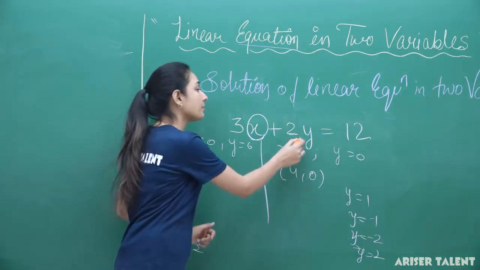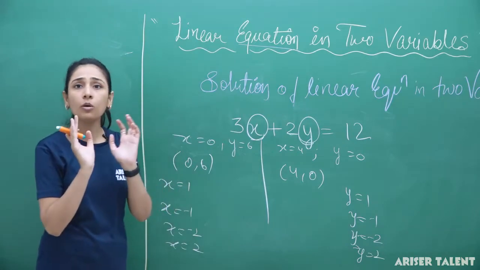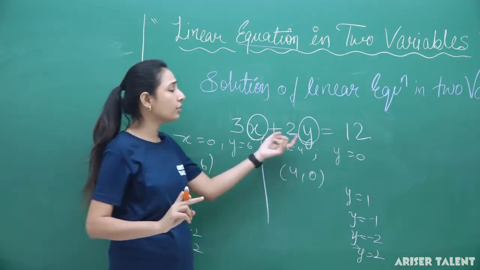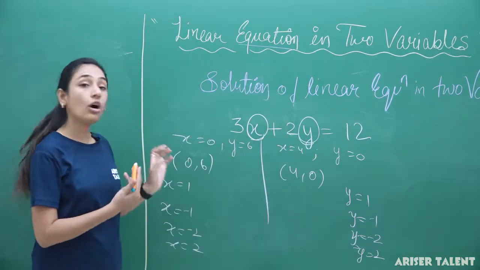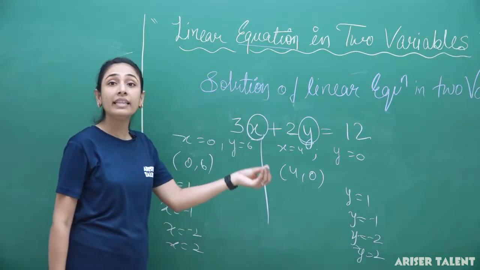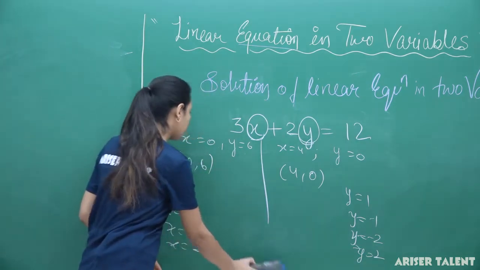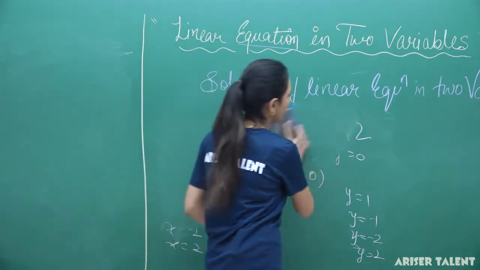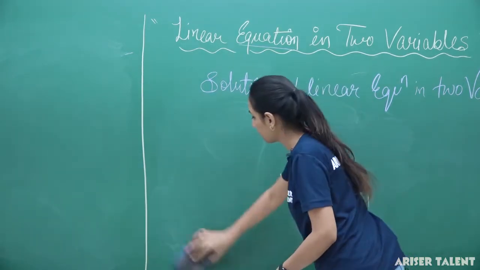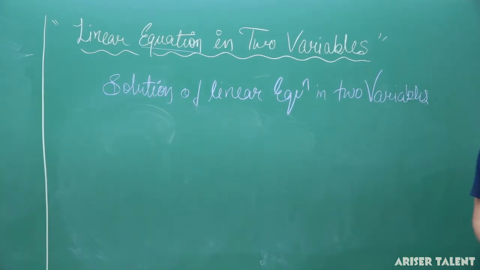Similarly, you are going to put some values of y and get some values of x. So there will be a combination of two values for which this equation will be true, and this is what we call the solution of the equation. That means the values of x and y that satisfy this equation. Understood? Okay, so this is about the solution of a linear equation.